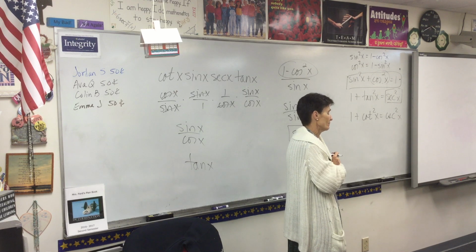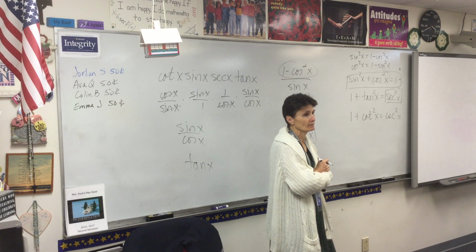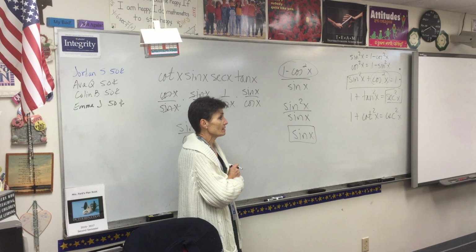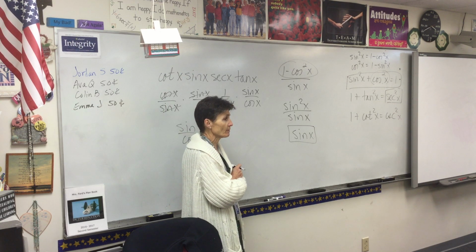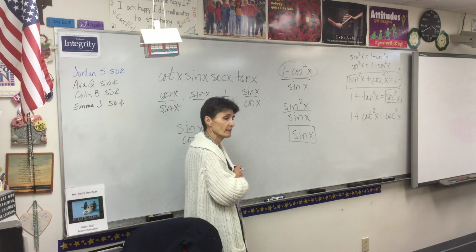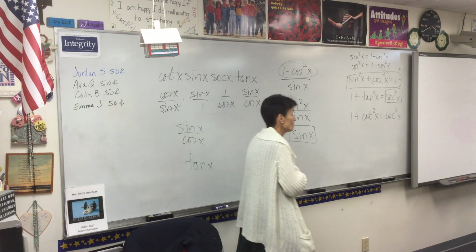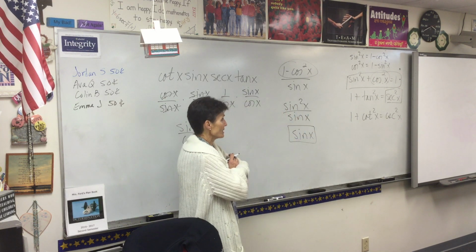There are tons of different identities, a half angle, double angle, sum, difference, tons of them. And they're not critical to your life going forward, so we're not going to get all bogged down in that. I think it's fun, I think they're awesome, but it's kind of hard and not necessary.